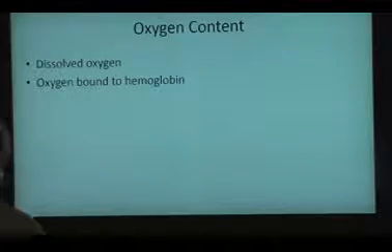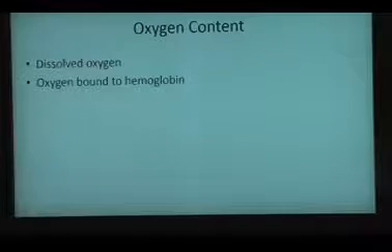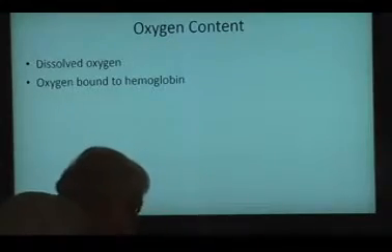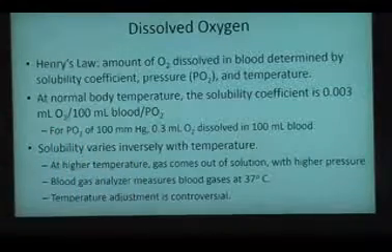So let's then talk about oxygen transport and oxygen content and how much oxygen is loaded into the arterial blood. Oxygen is carried in the bloodstream in 2 forms, as dissolved oxygen, which is relatively little, as we will see, and as oxygen bound to hemoglobin, which has to do with the oxyhemoglobin dissociation curve.